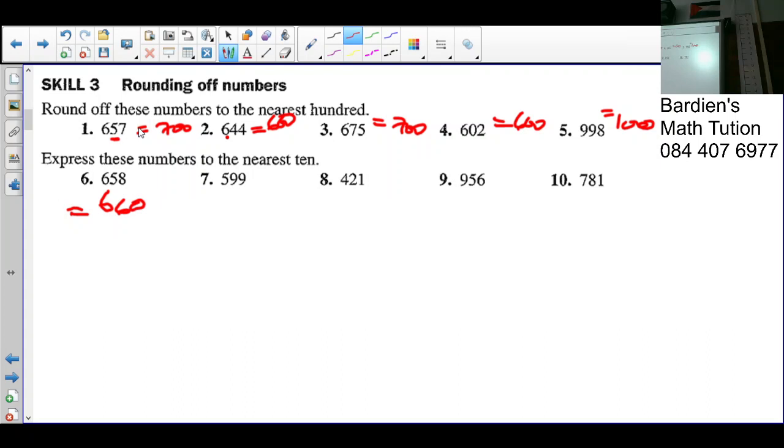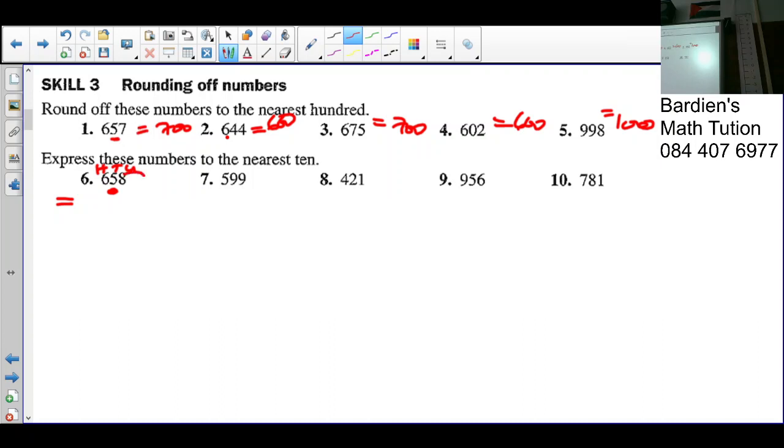660. You all agree with that? Who's confused? Okay, you confused. So the first row is 5. So this is the nearest 10. So that is the tens column here. Remember that is hundreds, tens and units. So that tens is dependent on the units.